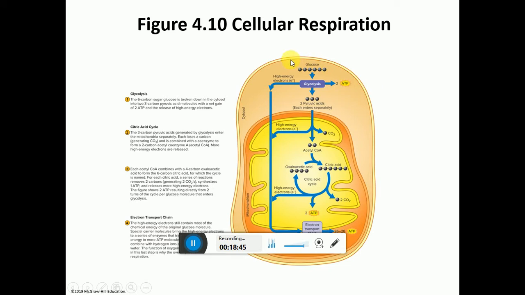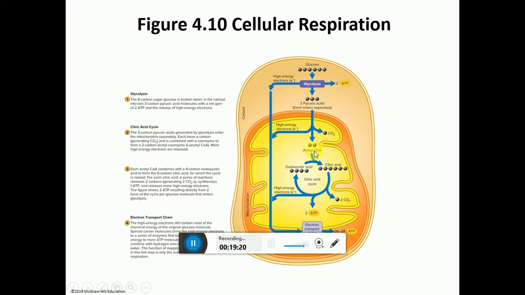As we said, cellular respiration has 3 different steps. Glycolysis happens out here in the cytoplasm. If you imagine this as a huge cell, that is your cytoplasm out here, and this represents a very huge mitochondria. Your first step, glycolysis, happens in the cytoplasm, and you see it only makes 2 molecules of ATP. One of the products, though, is 2 pyruvic acid molecules, and these pyruvic acid molecules enter the mitochondria and change into acetyl-CoA.